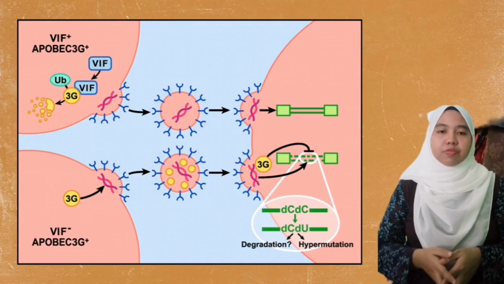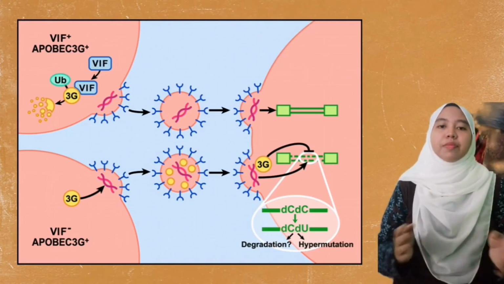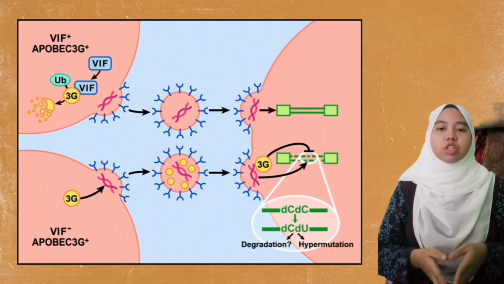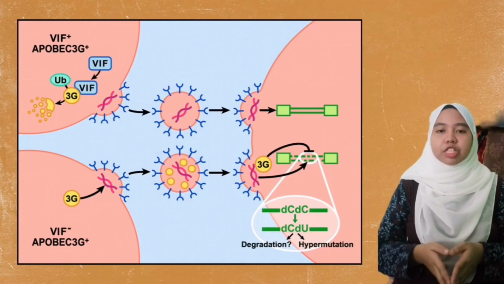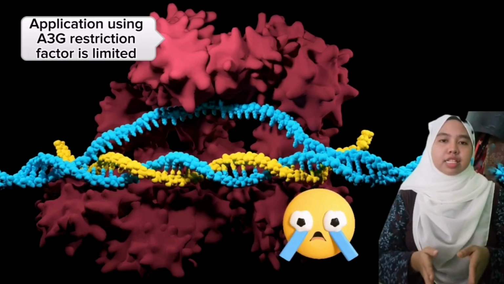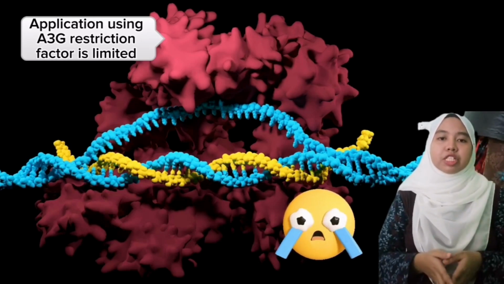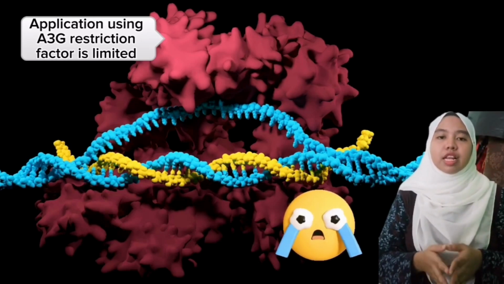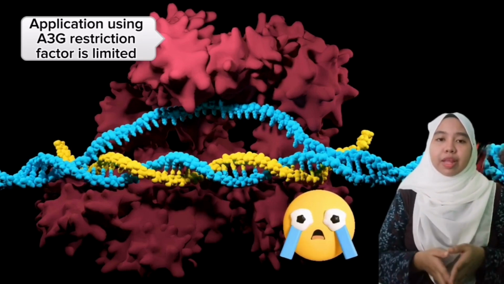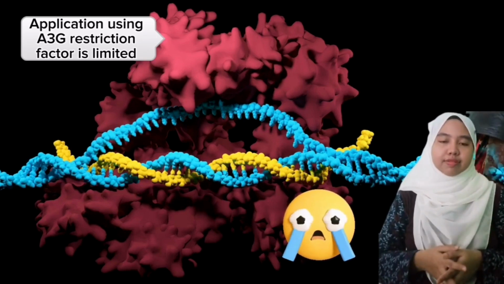The activation of the expression of restriction factors can be one of the alternative strategies to prevent HIV-1 replication. However, studies on the application of CRISPR-Cas9 technology in activating cellular host factors to inhibit HIV-1 infection are very limited.